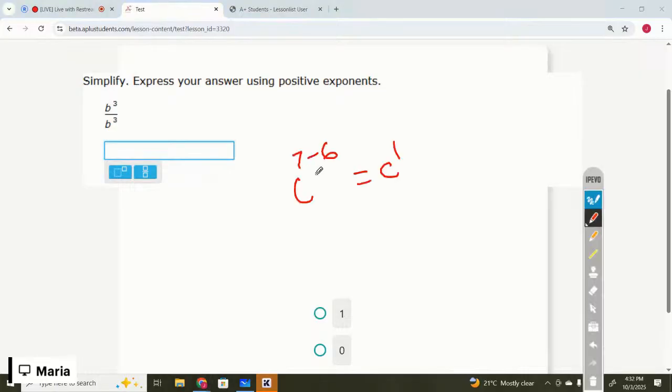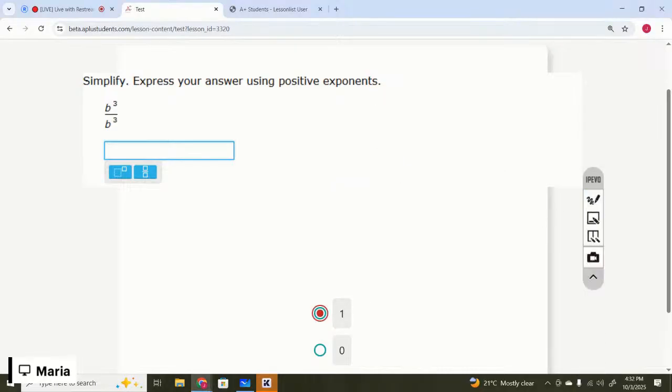B3 divided by B3, that is B exponent 3 minus 3, that is B exponent 0 equals 1, that is option number 1, 1 it is.